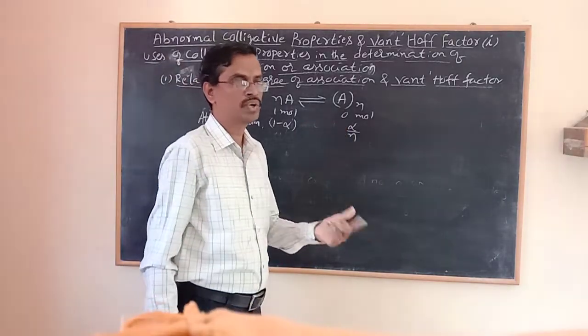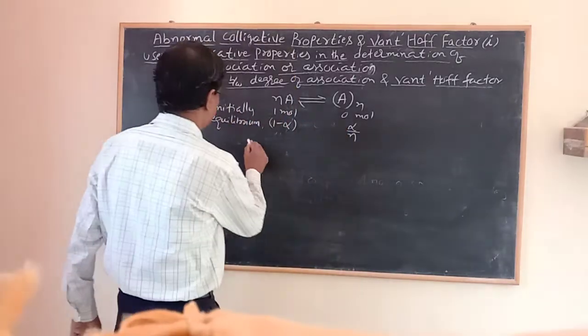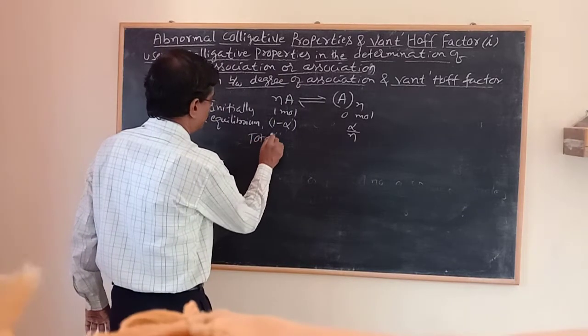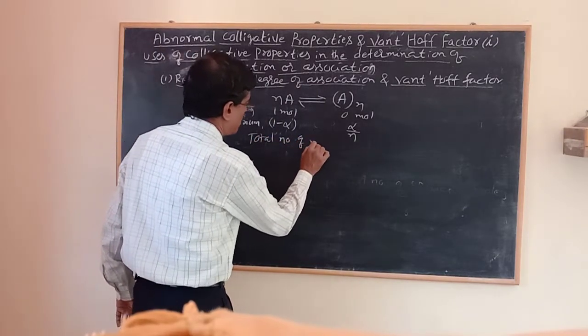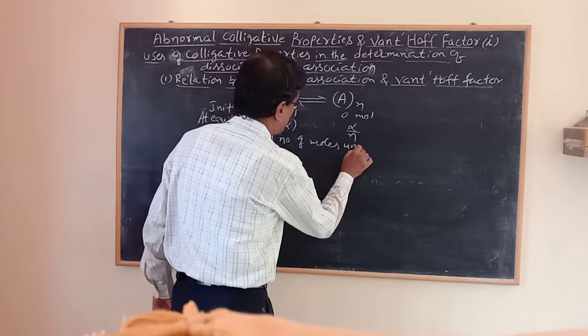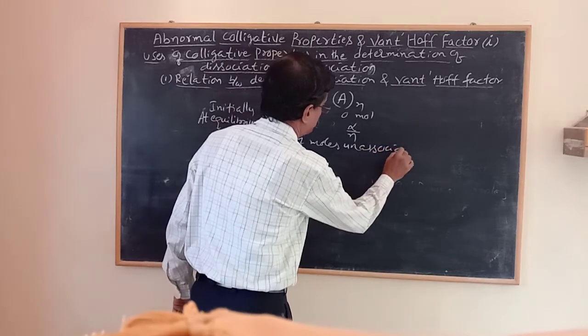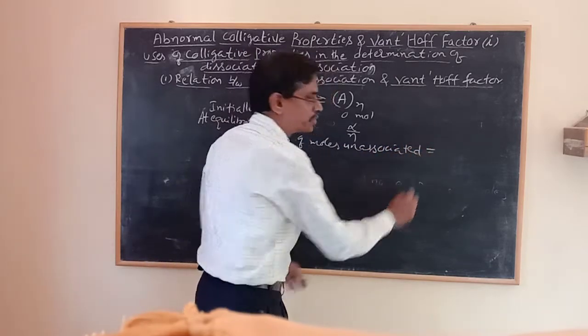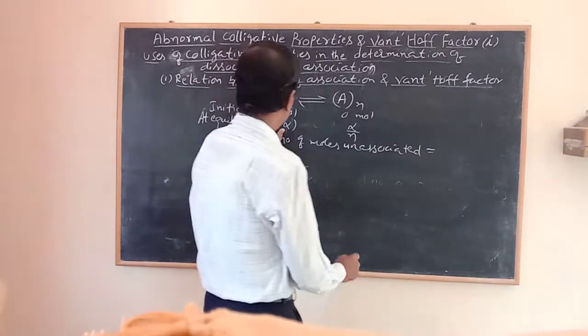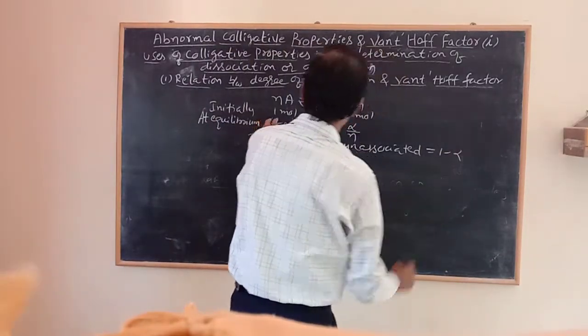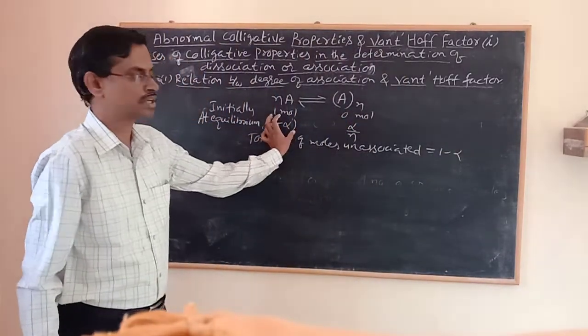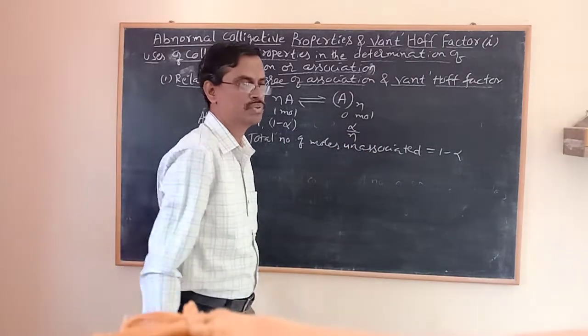You can calculate the total number of moles now. Total number of moles unassociated is equal to 1 minus alpha. That is before association, the unassociated molecules.